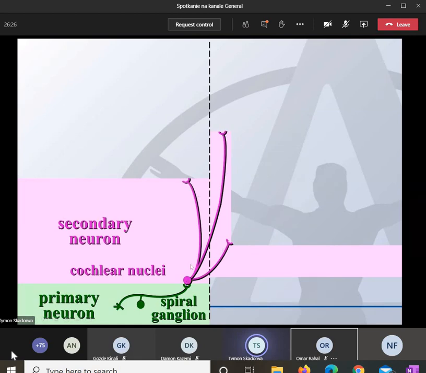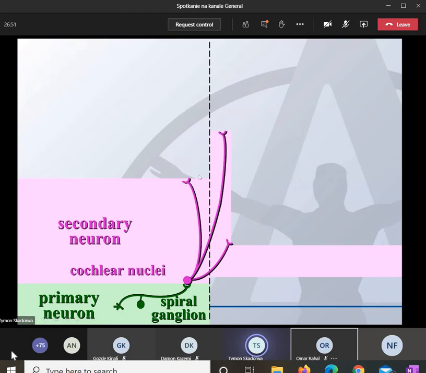So these are the bands of neurons, which may be medial, intermediate, and lateral, right? So here we are, and as you may see, some of the fibers change the side and enter the contralateral side, and some of the fibers still stay at the same side of the beginning, right?